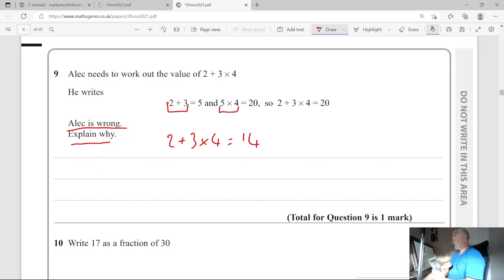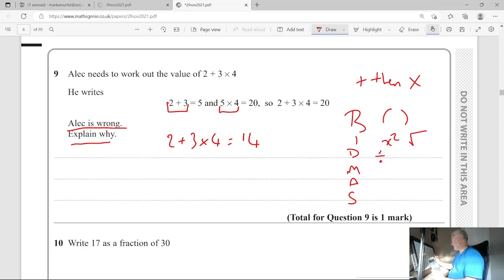The second part is then he's multiplied. So he's added, then he's multiplied. Thinking about BIDMAS: brackets, indices or square roots, divide, multiply, add, and subtract.